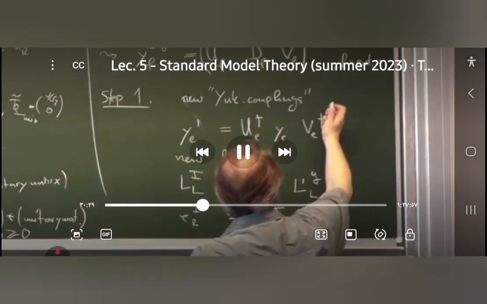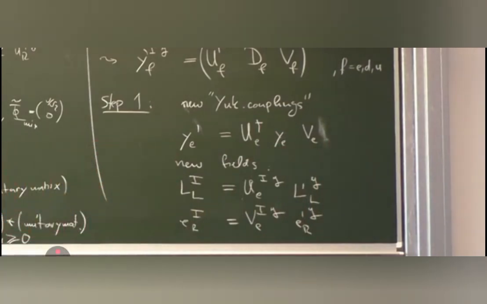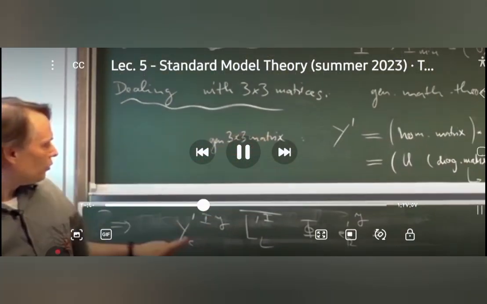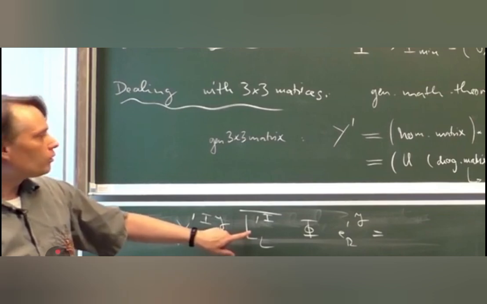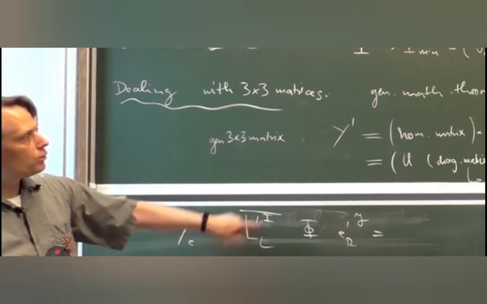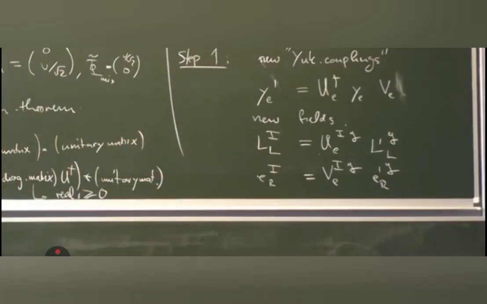Let us try this. Okay, so let's plug it in now. Then Y prime becomes U dagger times Y without prime times V. U dagger times L prime bar is the daggered version of this, so it becomes L bar without prime.